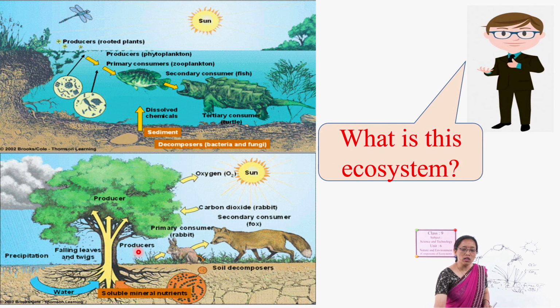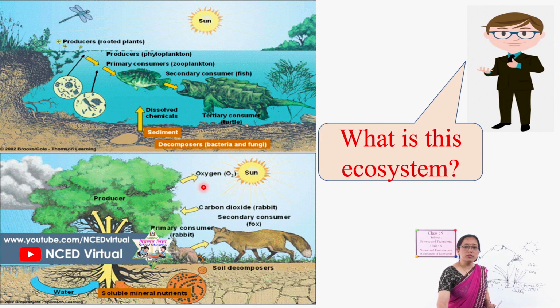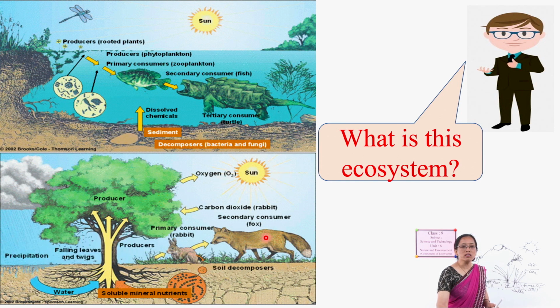Below also, here there is a large tree. And there is air, oxygen and carbon dioxide are shown here. There is sunlight. There are different animals. There is soil. Inside the soil also there are minerals, nutrients, and water. All these components are interrelated with each other.